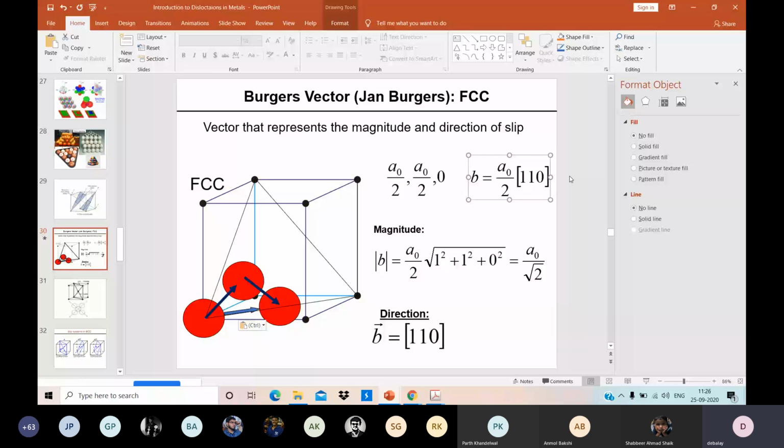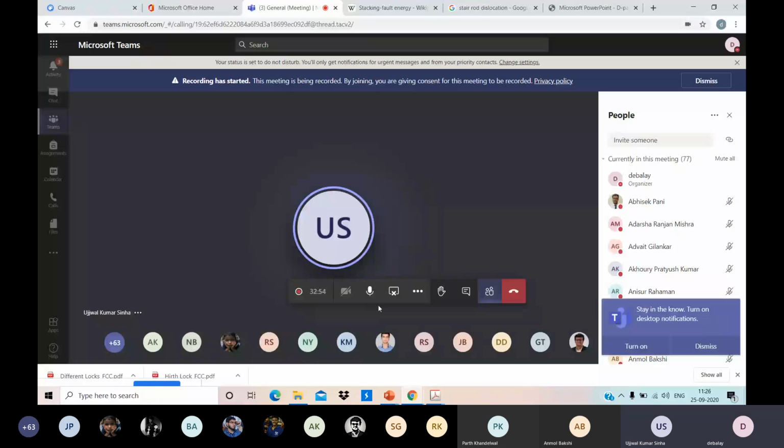The screen is not coming. Only the PPT is coming, what you are writing is not coming.